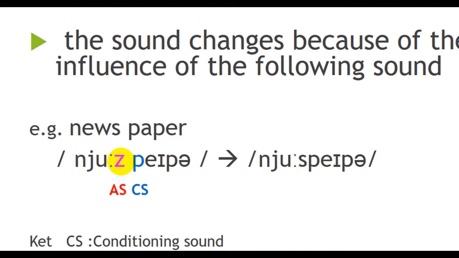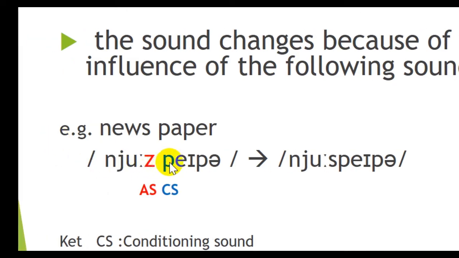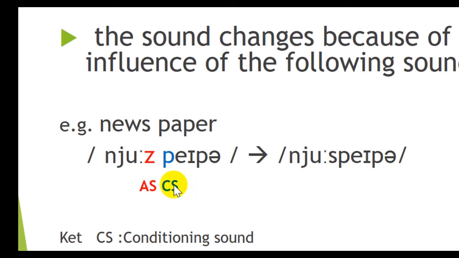Both sounds voiceless. So here it is easier to change sound z into s. Why? Because p is voiceless. And then if you produce sound z as s, it will be a lot easier to pronounce. So instead of saying newspaper with z, it becomes newspaper with s. Okay?